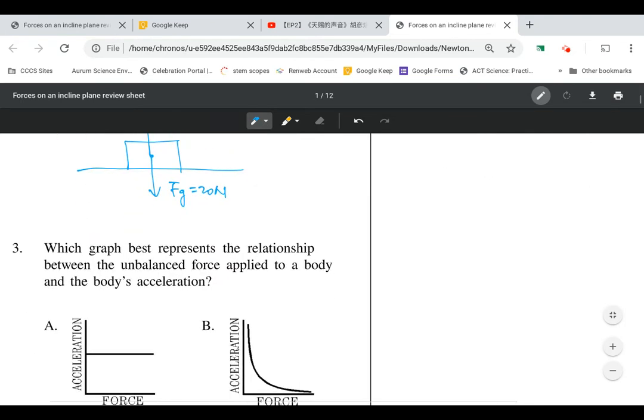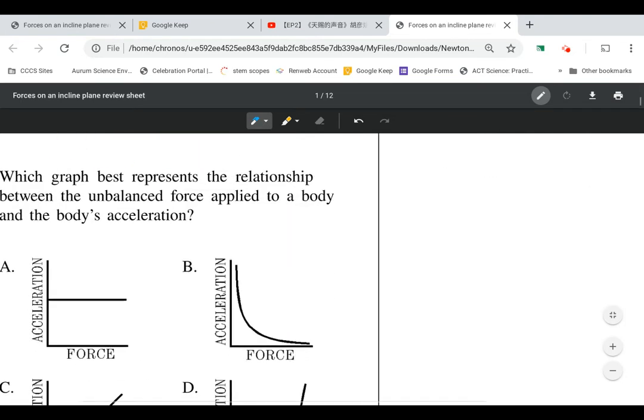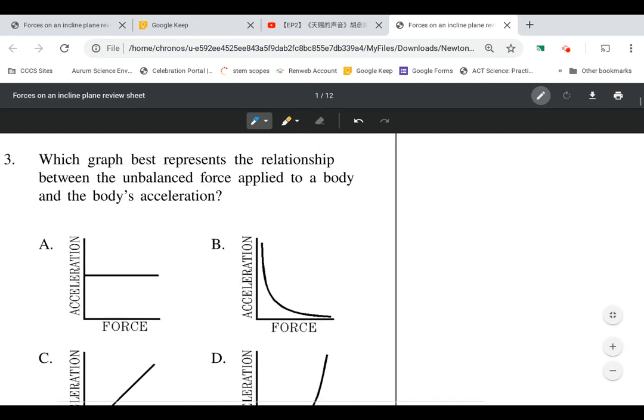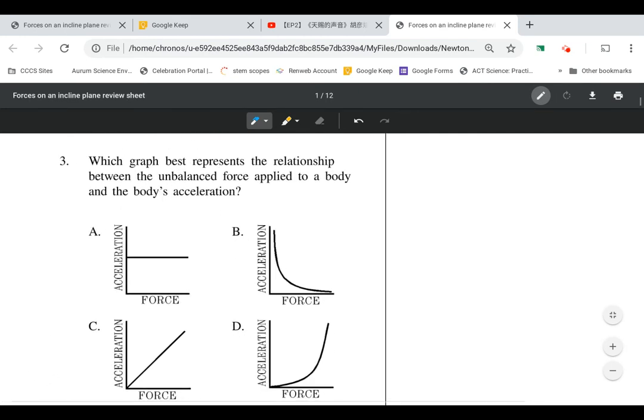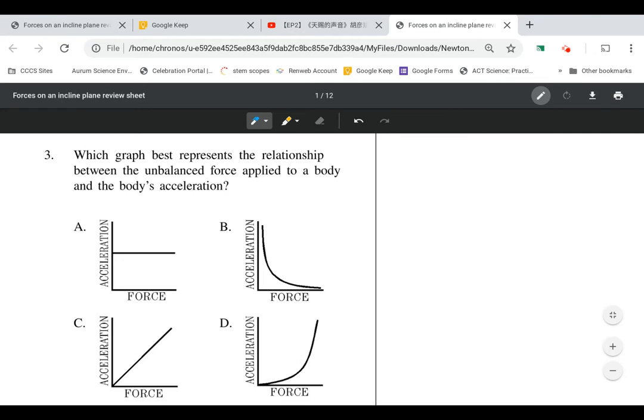Question number 3. Which graph best represents the relationship between the unbalanced force applied to a body and the body's acceleration? So we know F net equals ma. If it's unbalanced force, F net is not equal to 0, right?